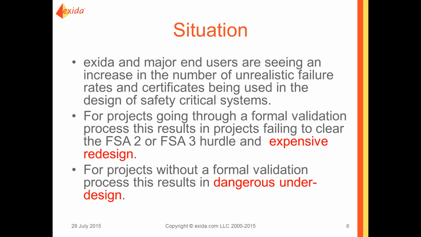Or if there's not an FSA2, the Functional Safety Assessment 3, which is required by 61511 and is required to be performed before the hazards are present, would find these optimistic or unrealistic numbers and require a redesign or some type of mitigation before the plant could be started up.